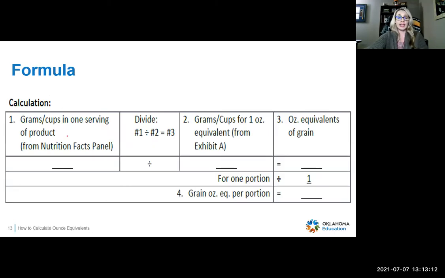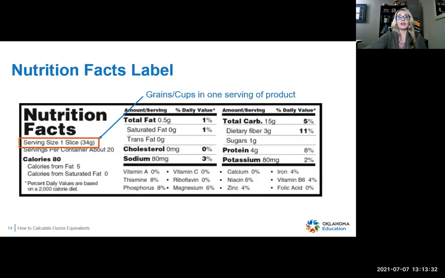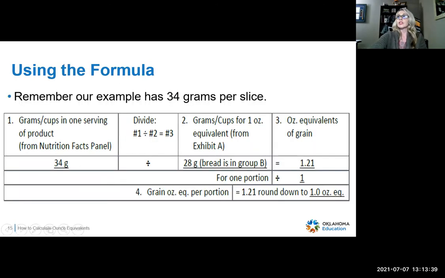But here's how we calculate it. If you want to actually do the calculations, you can do that. We take it from the nutrition facts label in column 1, which was 34 grams. Then we divide it by the 28 from exhibit A, group B, and it equals 1.21.